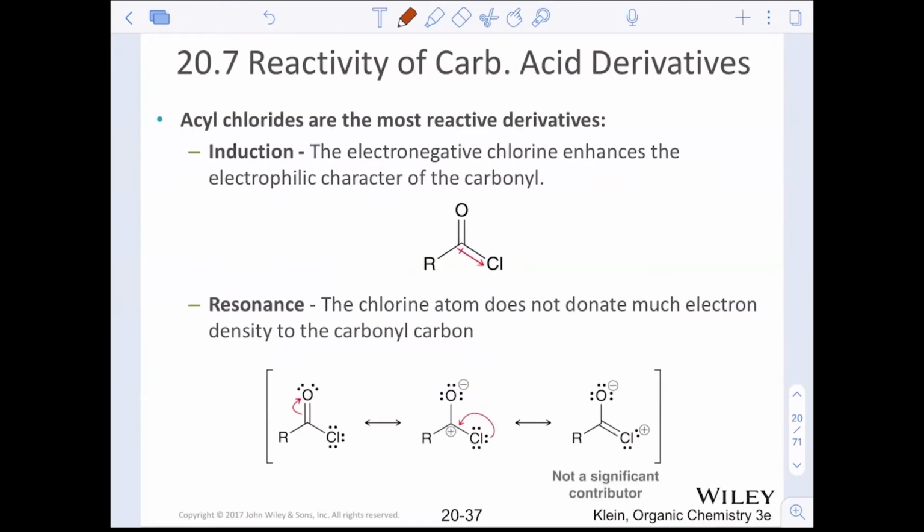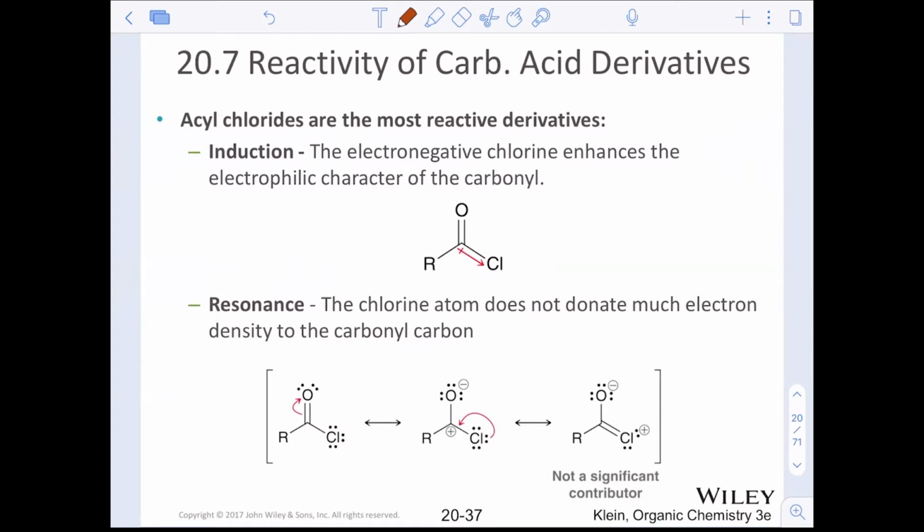So acyl chlorides are the most reactive derivatives, primarily because of induction, right? The electronegative chlorine enhances the electrophilic character of the carbonyl. The chlorine atom does not donate much electron density to the carbonyl. It does have the ability to resonate.